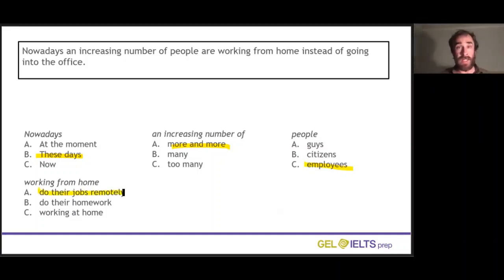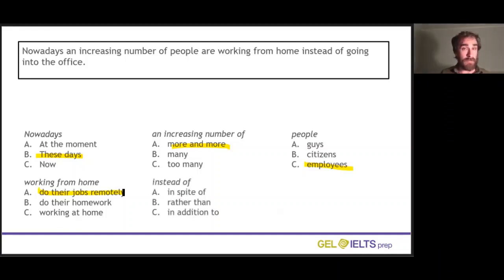That word remotely means distance or not at the office. B, do their homework is about being at school. And C, working at home is a paraphrasing, but we've only changed from to at. So there's not enough difference here for it to be a good paraphrasing that shows off your vocabulary.